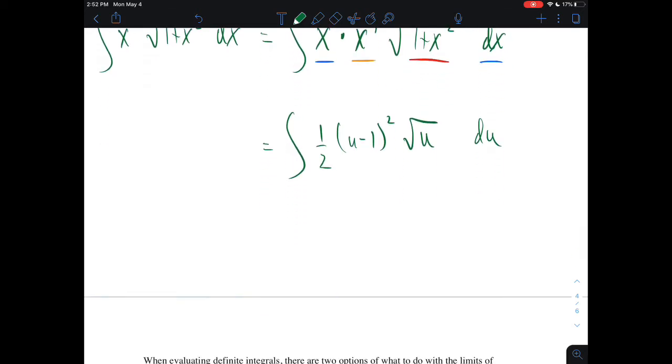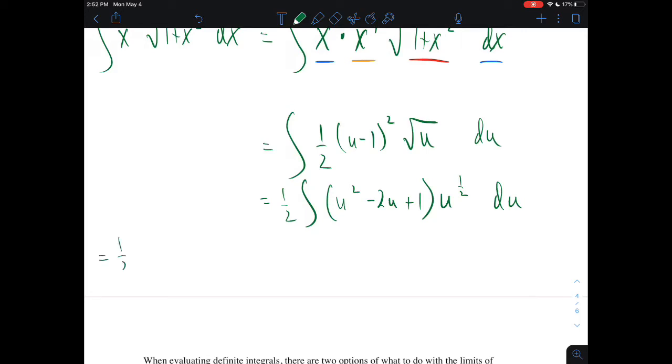I'm going to factor that 1/2 out to the front. And then the u minus 1 squared, I'm going to actually multiply that out. So that's u squared minus 2u plus 1. And then instead of square root of u, I'm going to write u to the 1/2. And now distribute the u to the 1/2. Notice what you're about to get is just a whole bunch of power functions.